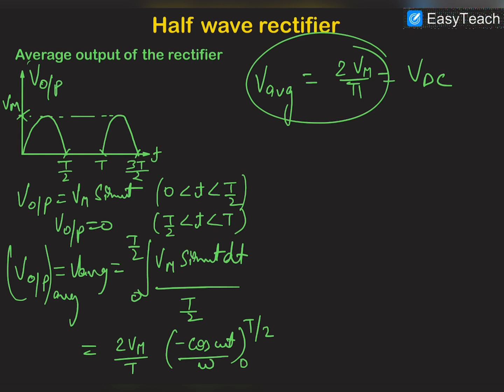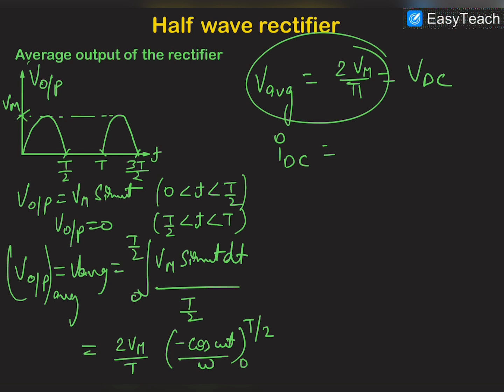If we talk about the value of IDC, then IDC will be the current flowing in the output circuit. So IDC will be equal to Vm, where Vm is the peak value of the voltage across the load.